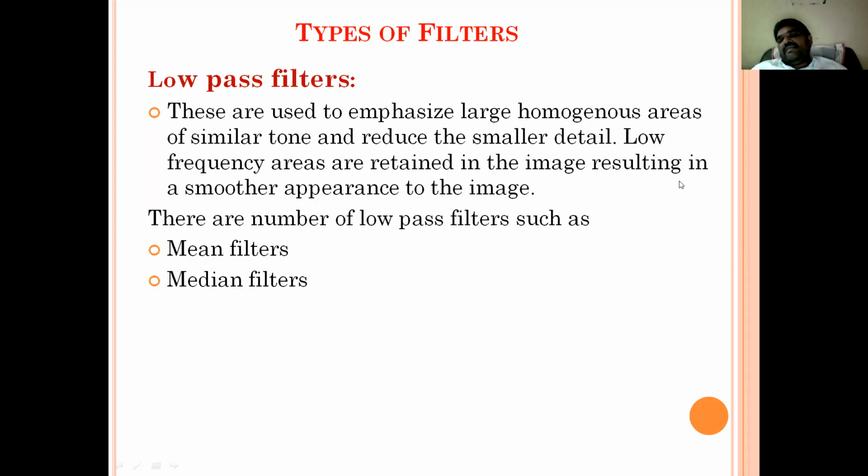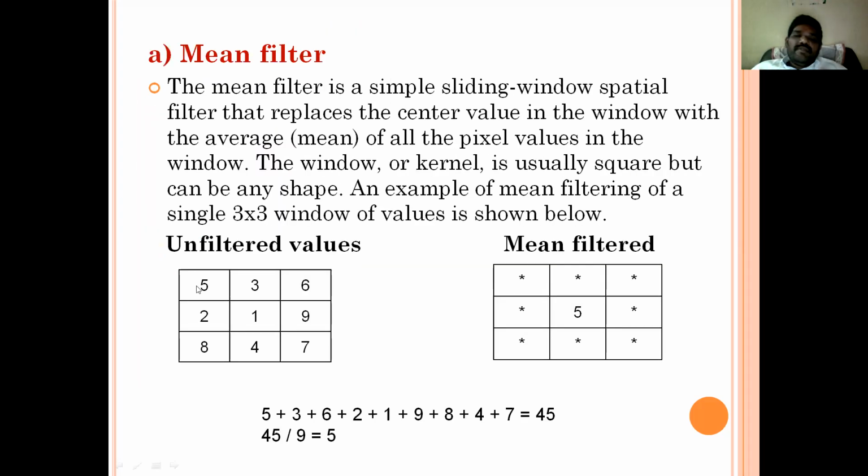Here 5 plus 3 plus 6 plus 2 plus 1 plus 9 plus 8 plus 4 plus 7, divided by 9, because there are 9 numbers. The center value is 1, but in the mean filter it is replaced with 5. It is called the mean filter.